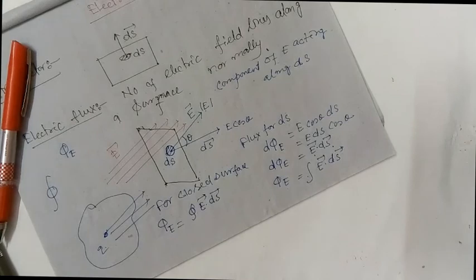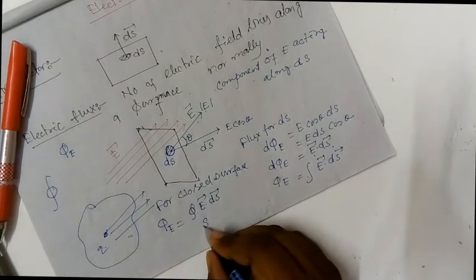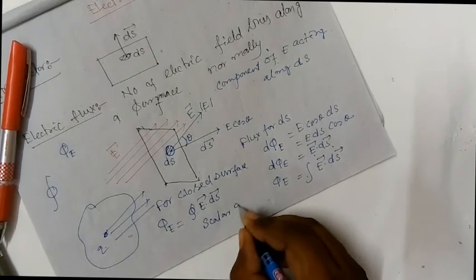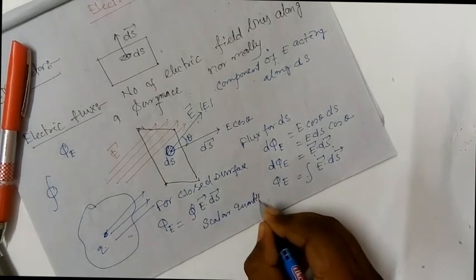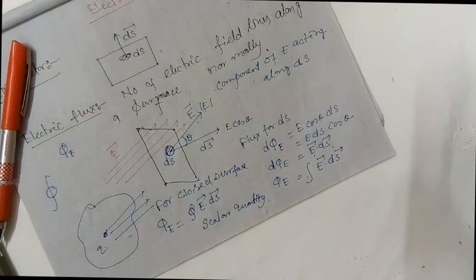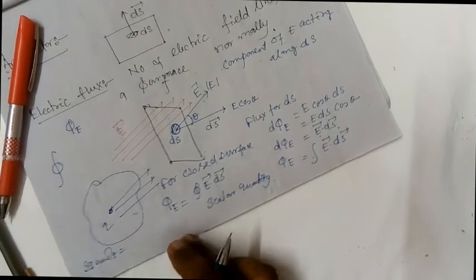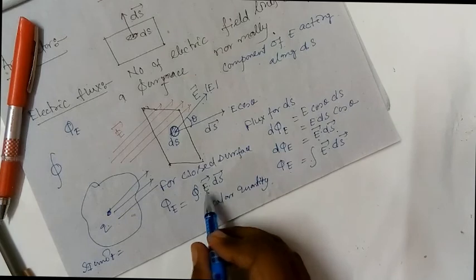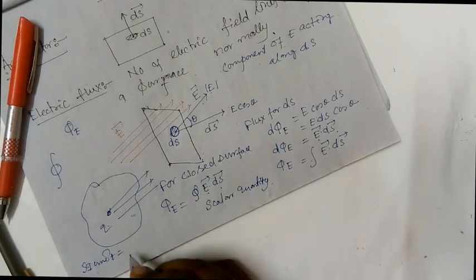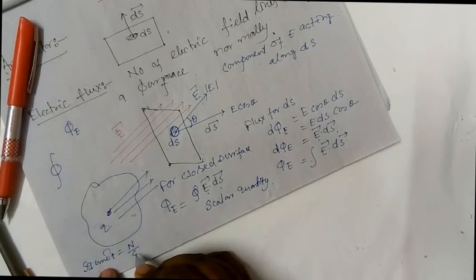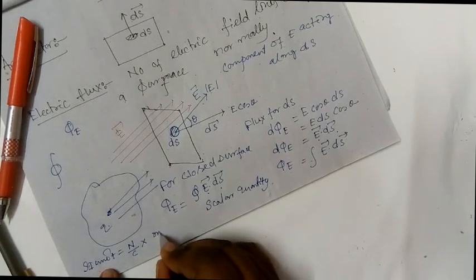Now, as it is a dot product, it will be a scalar quantity. So electric flux is a scalar quantity. The SI unit is the unit of electric field times the unit of area, that is Newton per Coulomb into meter square.